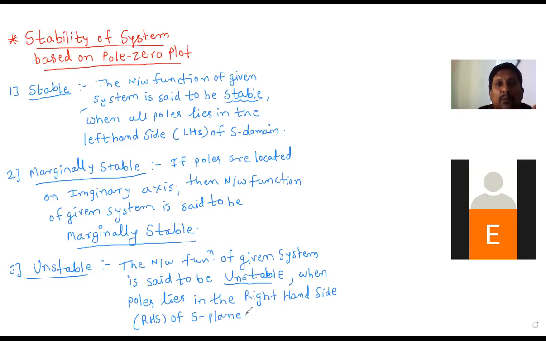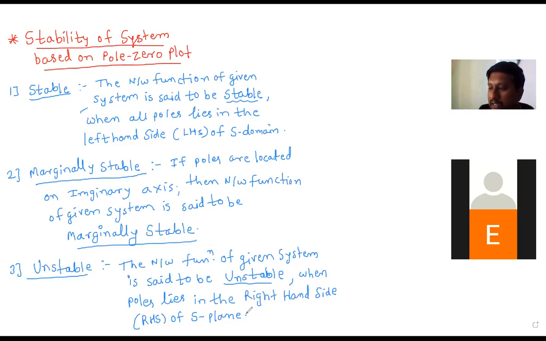From that we can plot the poles and zeros in the S domain, and from the plotting we can find out whether the given system is stable, marginally stable, or unstable. This is the procedure or application of the poles and zeros plot. This part is very important in the control system part, so we require this concept.